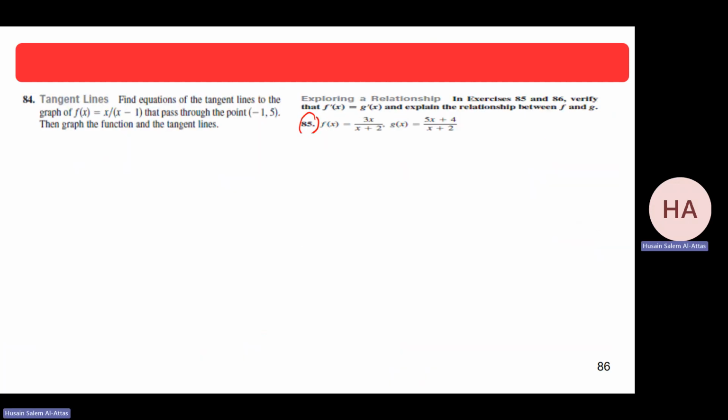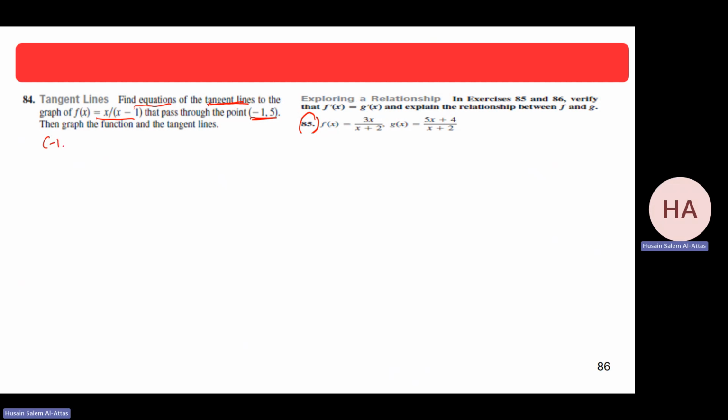Okay. Now find the equations of the tangent lines to the graph that pass through the point (-1, 5). I need to find the equations of the tangent lines to this curve that pass through the point. A tangent line is passing through this point.